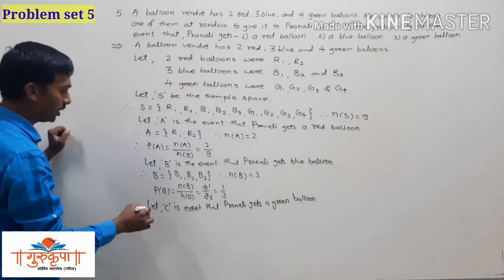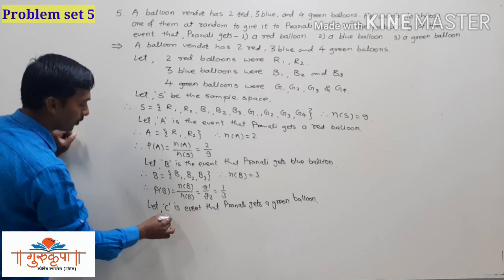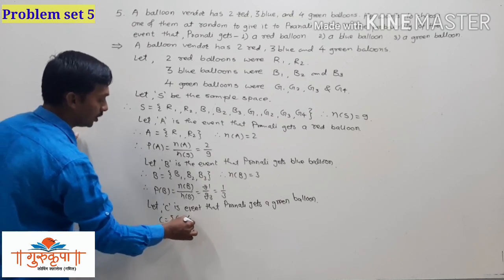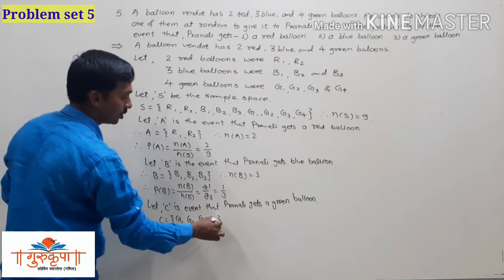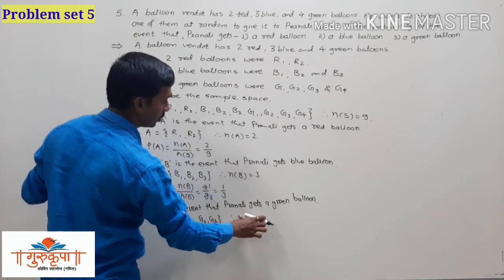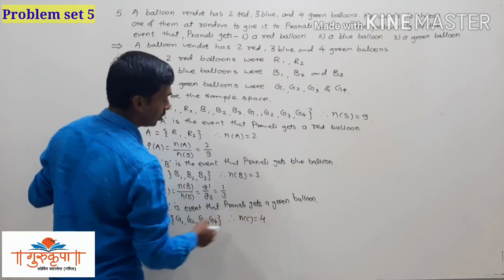So here we can write C is equal to the curly bracket G1 comma G2 comma G3 comma G4, and number of C is equal to 4.